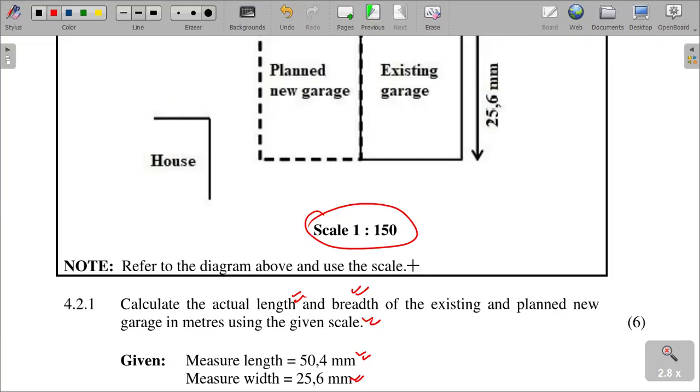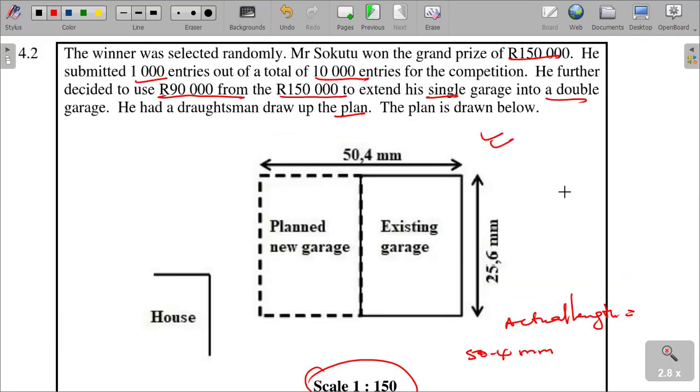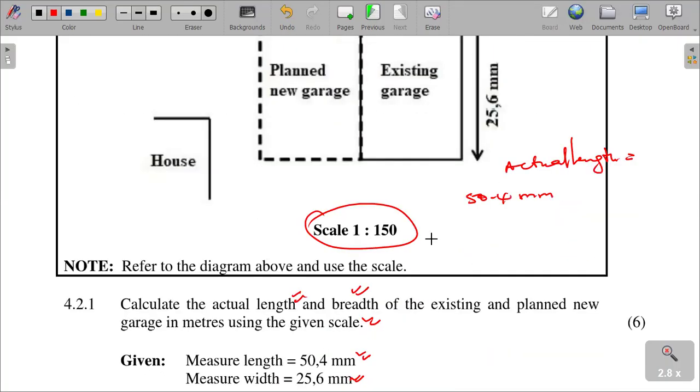So that is the actual length. We can say actual length is equal to, we are given that the length is 50.4 millimeters, multiplied by, obviously, 150, the scale that we are given there.